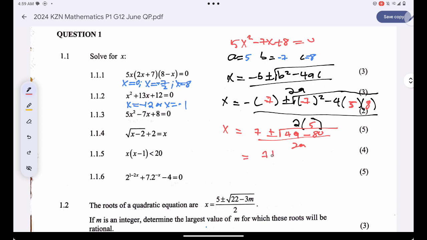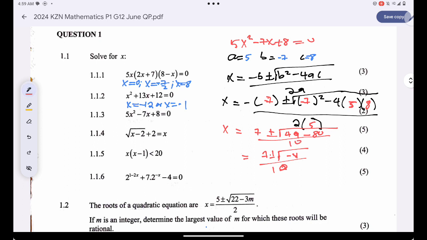So here you have 7 plus or minus the square root of negative 31, all over 10. Why did I keep on writing 2a there?